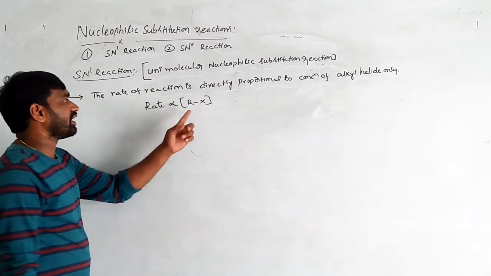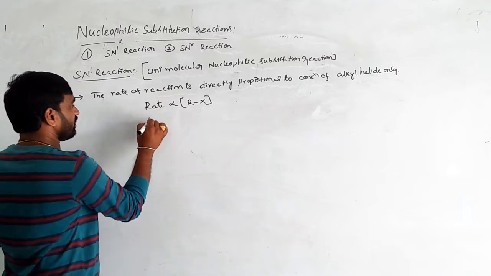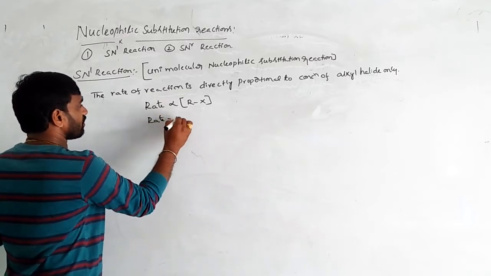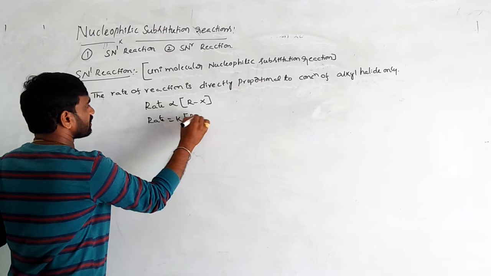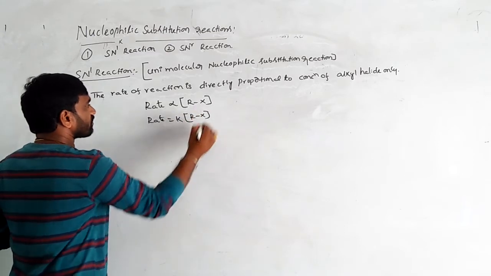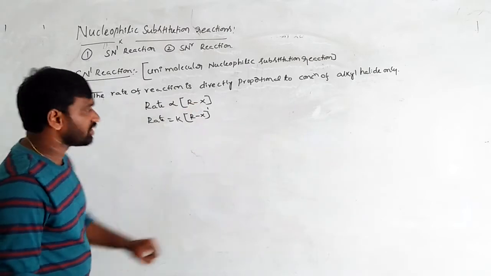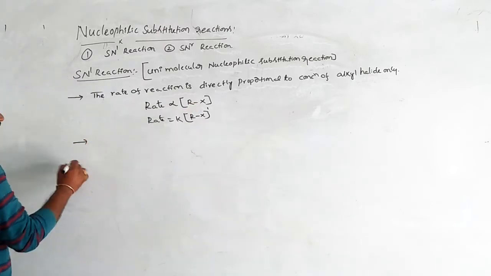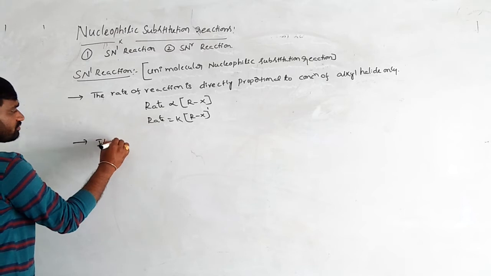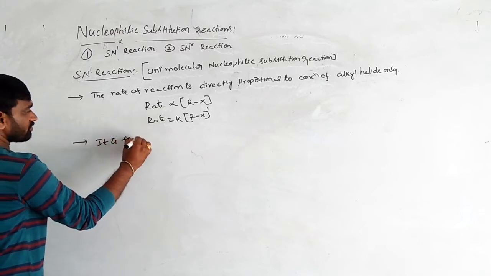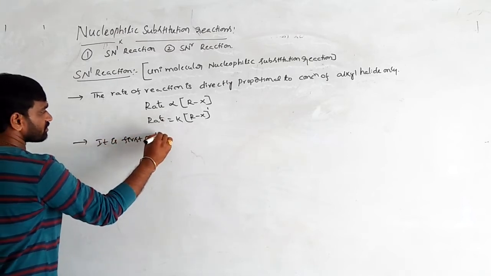The general formula of alkyl halide is RX. The rate equals some constant K times the concentration of alkyl halide. Here the power is 1, so the order of reaction is 1. That means it is first order kinetics.